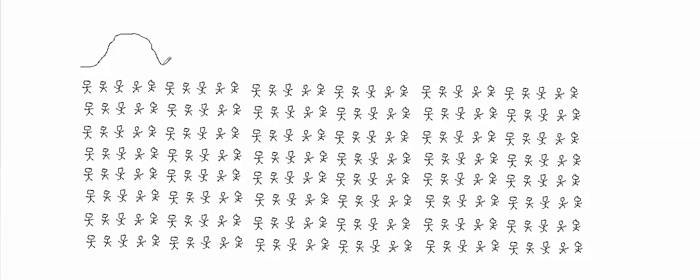Maybe we're interested in the ages of the people in this city. So let's imagine that the ages of the people in this city's population have a normal distribution, meaning most people have ages in the middle and fewer people are at the tails.